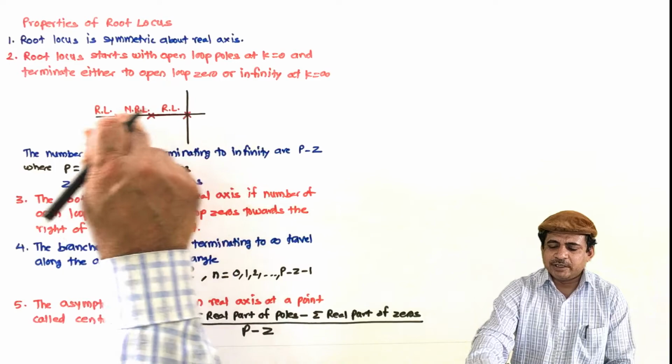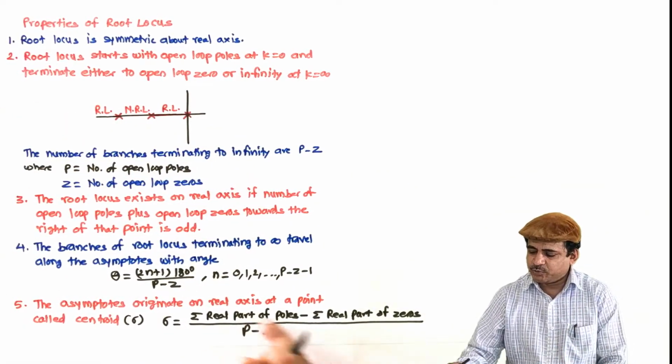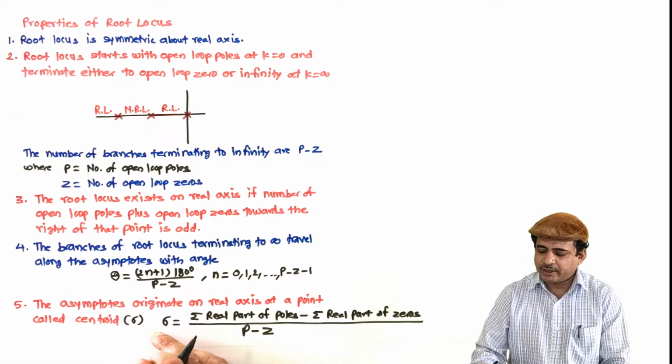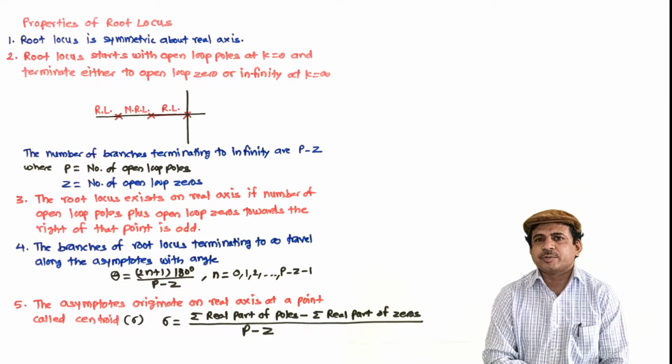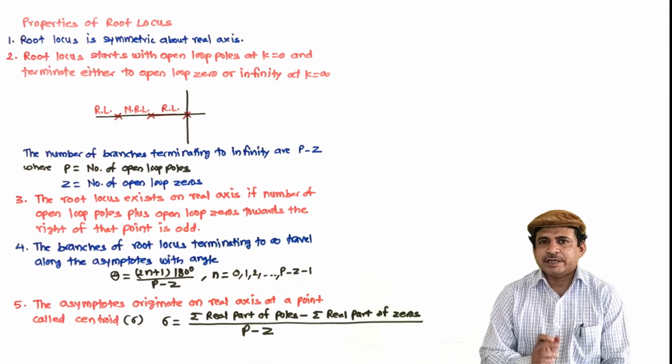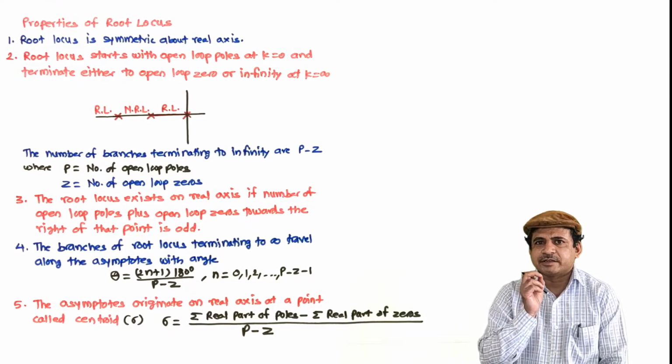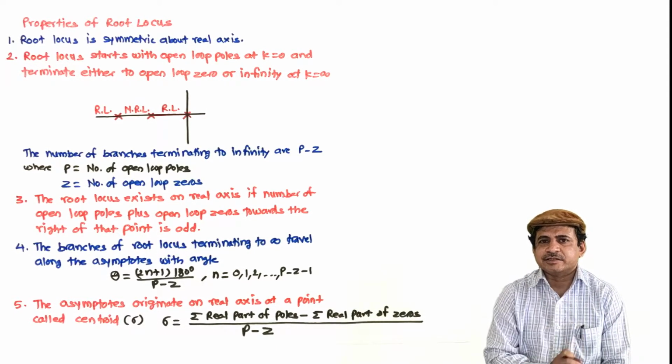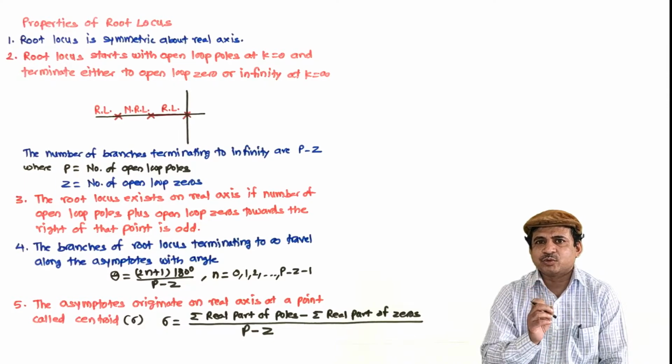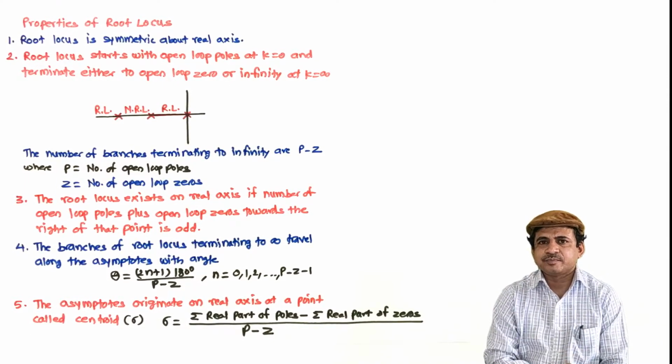So if we have all these pole and zero locations, just putting them here, we will get the point of origination of asymptotes, that is sigma. So that is the point on which all asymptotes intersect the real axis, or also we can say that asymptotes originate at that point.